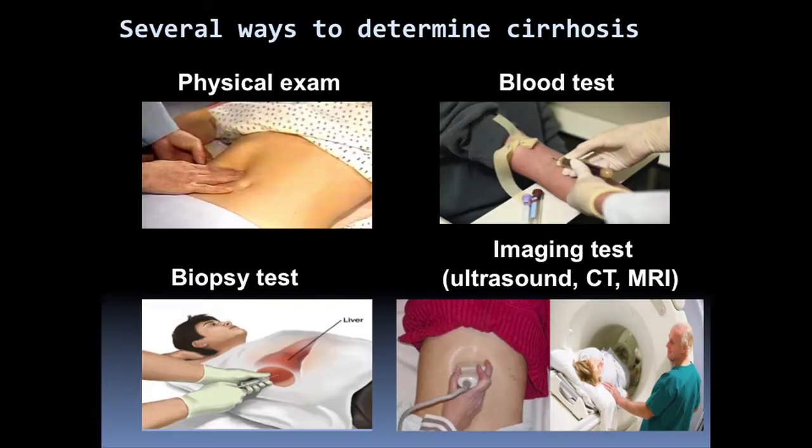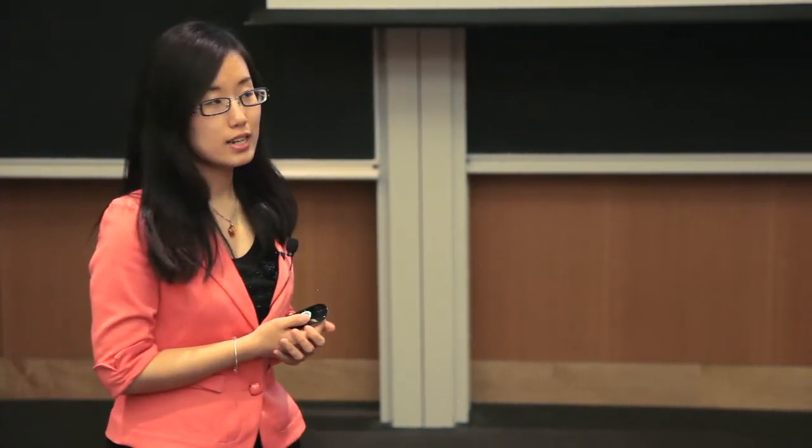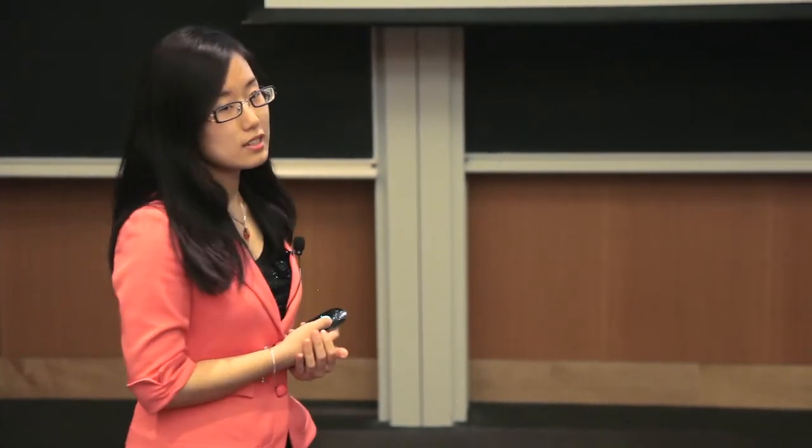This comes to the imaging test, which is a very advanced technique used today to diagnose liver cirrhosis. Compared with other imaging techniques like ultrasound and CT, MRI has many advantages.